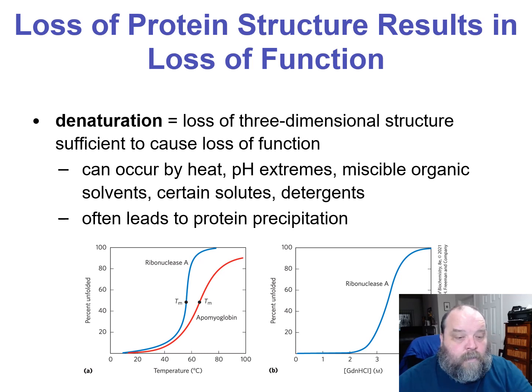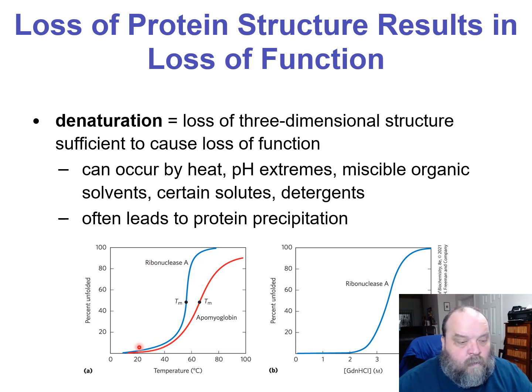So you look here at this figure down here, the ribonuclease, or, what is that? Apomyoglobin. Okay? Under specific temperatures, they work great. But as that temperature keeps increasing, it completely unfolds. Boom. There's this narrow band right here for ribonuclease A. Down around here, there's some unfolding being made.